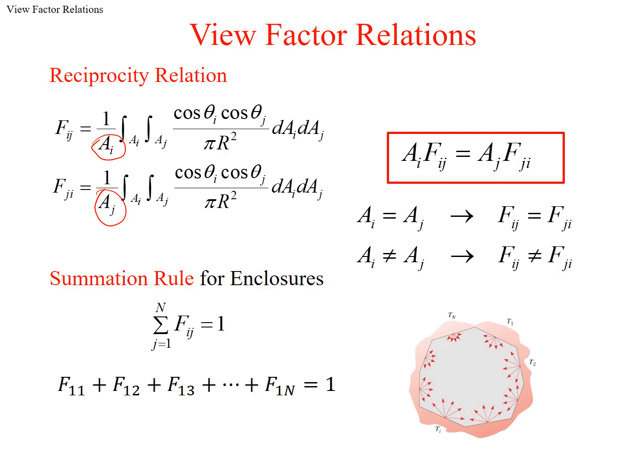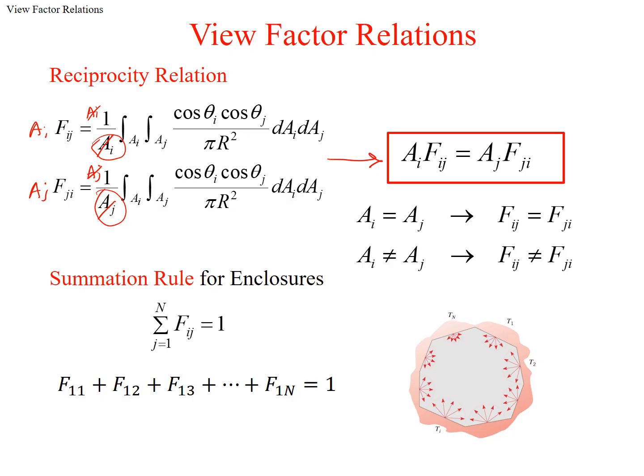So if I multiply this side by Ai and that side by Aj, I'm allowed to do that, then the common terms cancel out. Then all I'm left with is that one side of the relations is exactly the same, which brings me to this relation: Ai Fij is equal to Aj Fji. Be very careful with the subscripts. You can only write Ai Fij equal to Aj Fji.